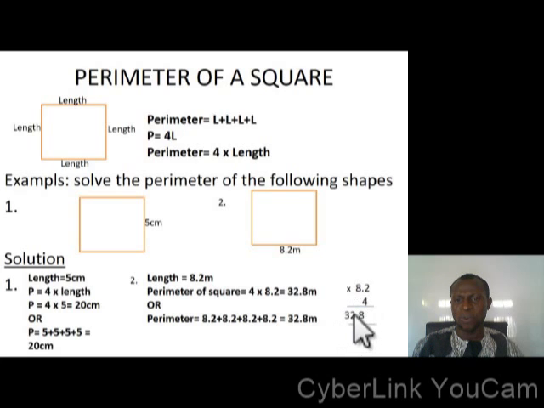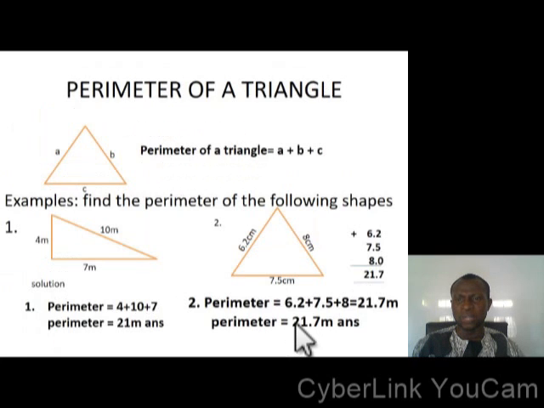That gives us 32.8 meters as our answer. You can as well, since all sides are equal in a square, make this place 8.2, this place 8.2, this place 8.2, then add all of them together, just like we did here, and you get 32.8 as your answer. So far so good, I believe. So let's move to the next one.